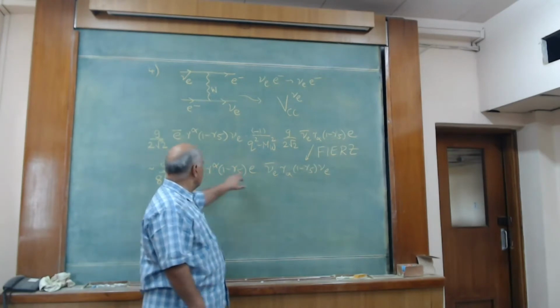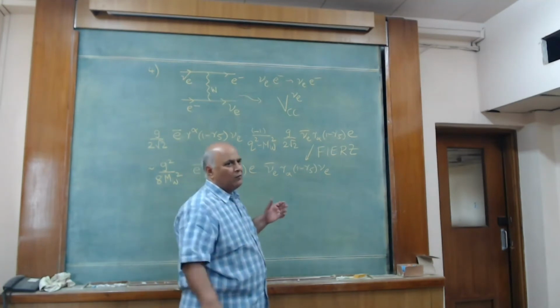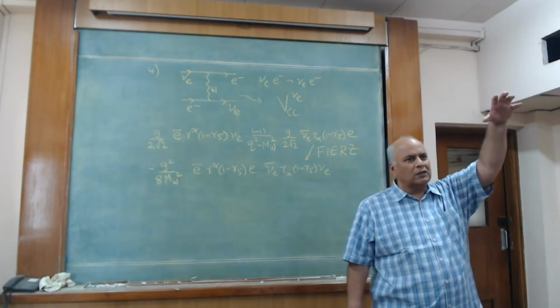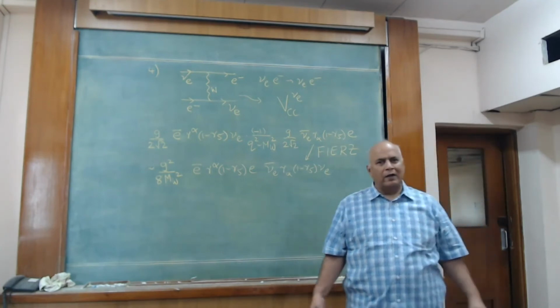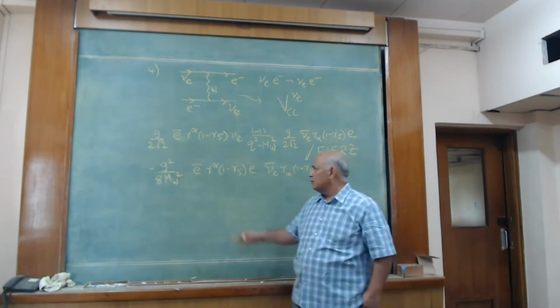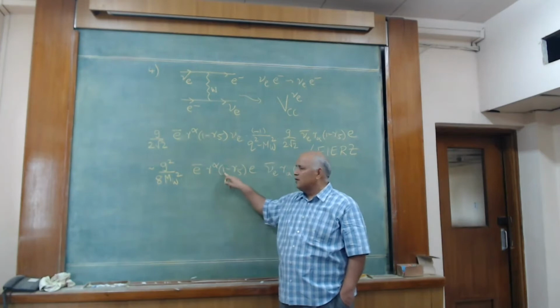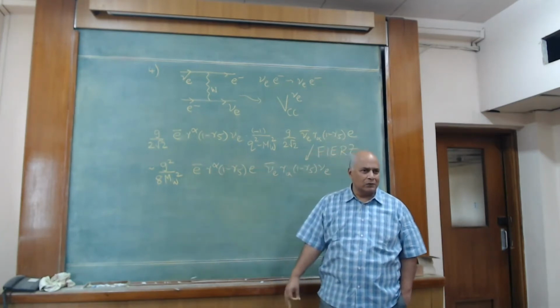When I consider these two to be non-relativistic fermions, we have the upper larger component and the lower smaller component, and in such a situation the dominant contribution here comes from gamma 0 times 1. Rest of it is negligible.